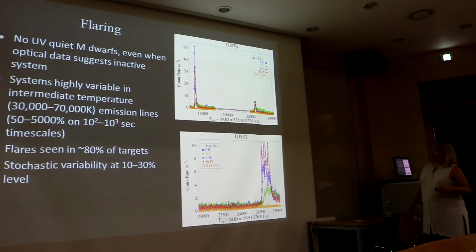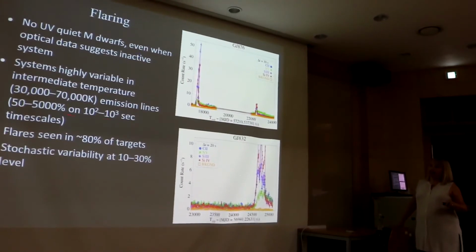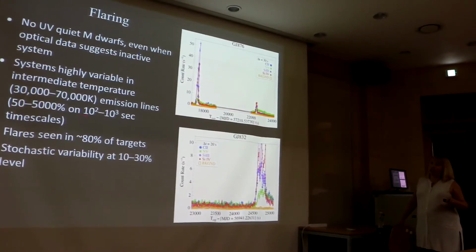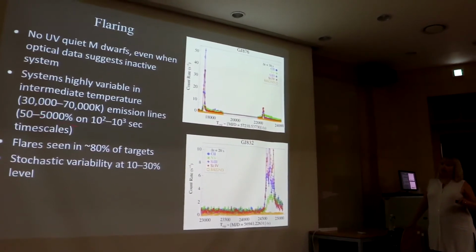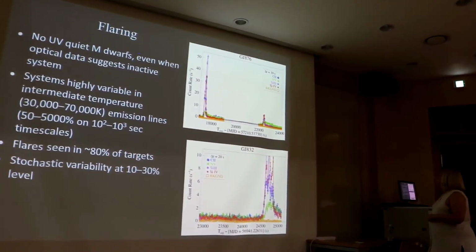Based on these lines, we can say that the flaring is in intermediate temperature gas. This is called the chromosphere, so 30,000 to 70,000 degree gas. And the lines can get anywhere from 50% to 5,000% stronger over 100 to 1,000 seconds.